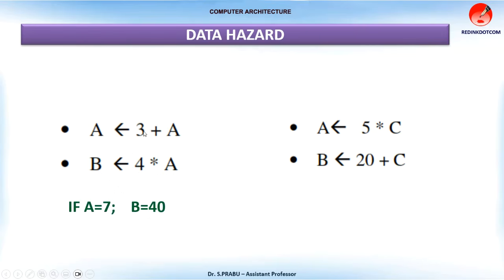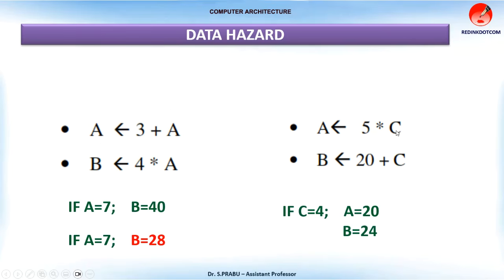But if we execute in the pipelined architecture, it becomes 28. Why? Because while your processor is executing this instruction, the second instruction is already fetched. But only after successfully completing this instruction can the a value be updated as 10. So the 7 is multiplied with 4, and we get the result as 28. This is the wrong result due to the parallel processing.